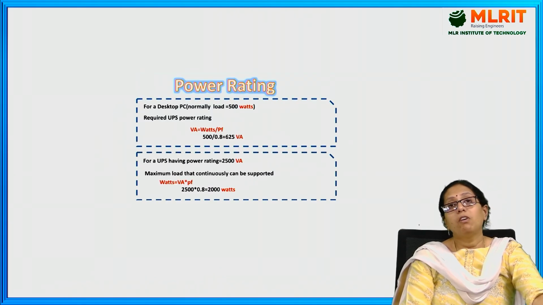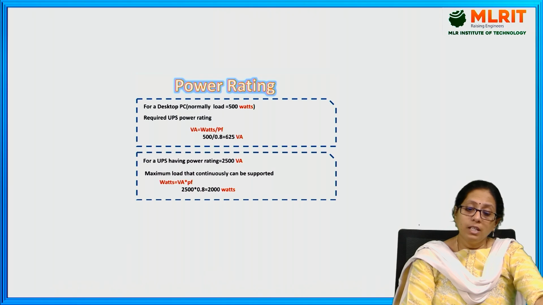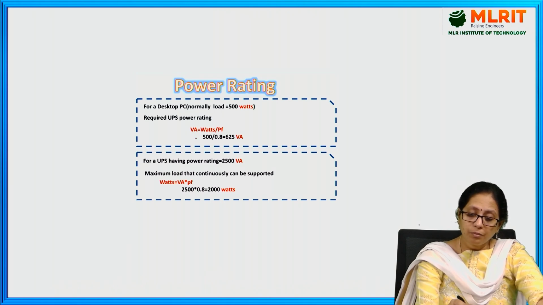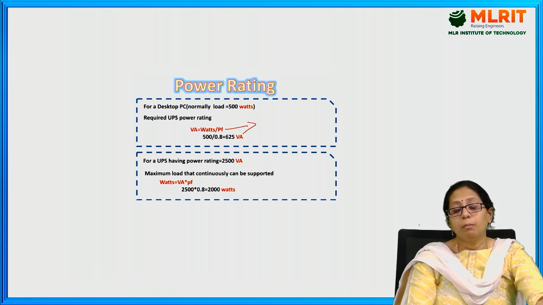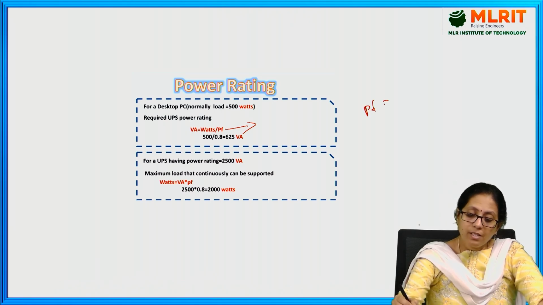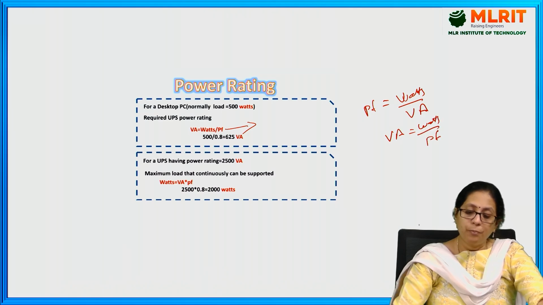The power factor is always less than 1. For a desktop, the VA is watts divided by power factor, because power factor is equal to watts by VA. So from this, VA is equal to watts by power factor.